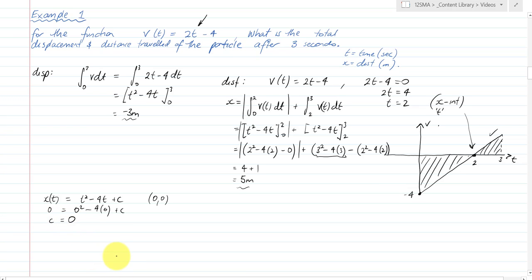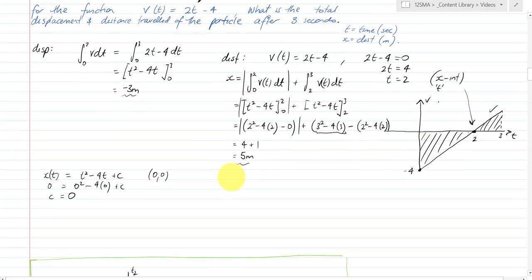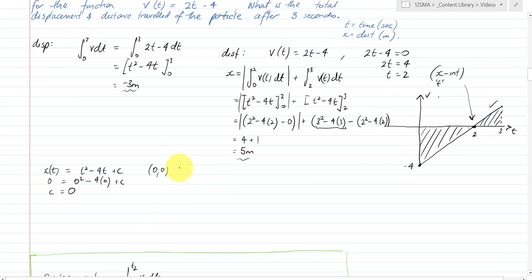But also I could substitute in times and it would cancel out the c's anyway, so if I don't really know the position, that's fine. I can put in 0 and 3, so at t equals 0, x equals 0, and I'll put in 2 as well, at t equals 2, x equals -4, and at t equals 3, x equals -3.